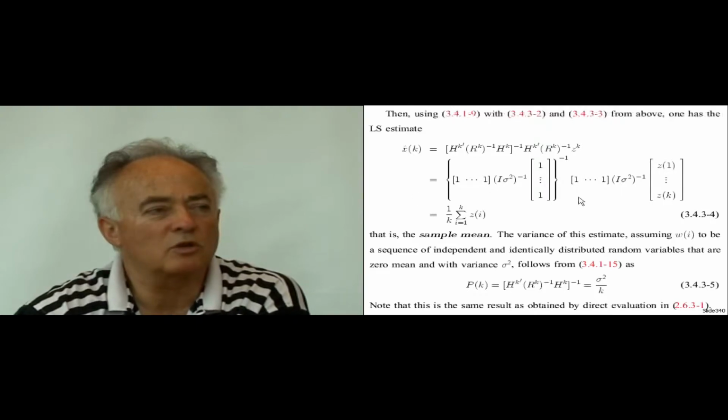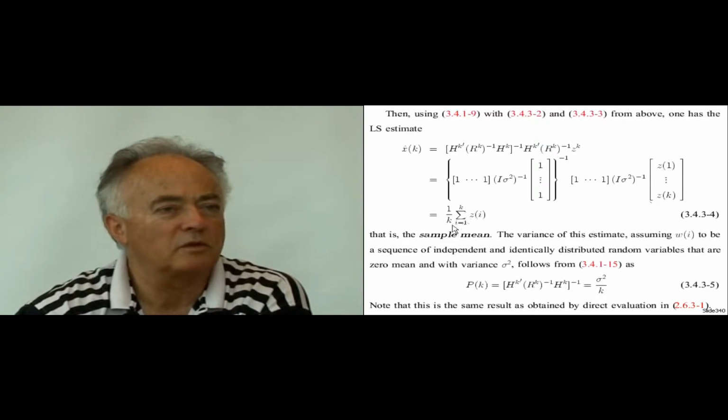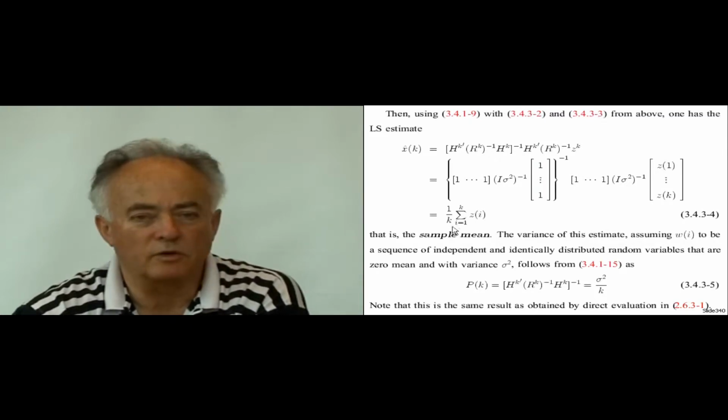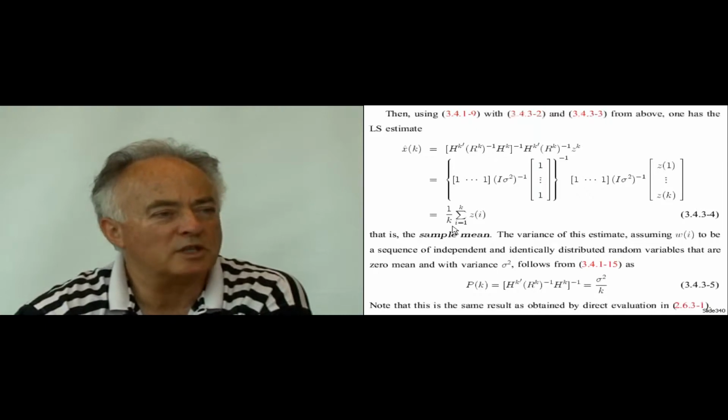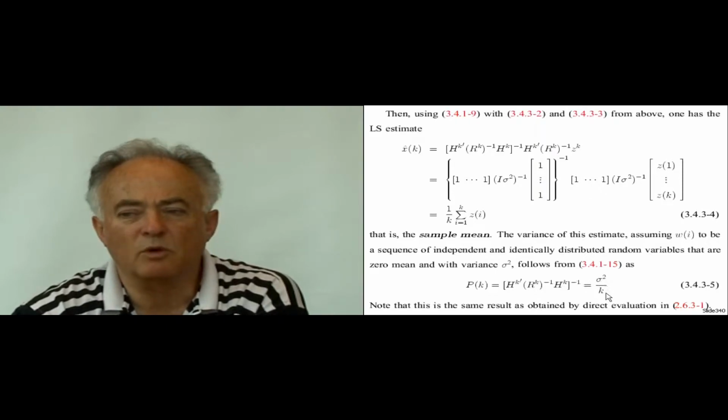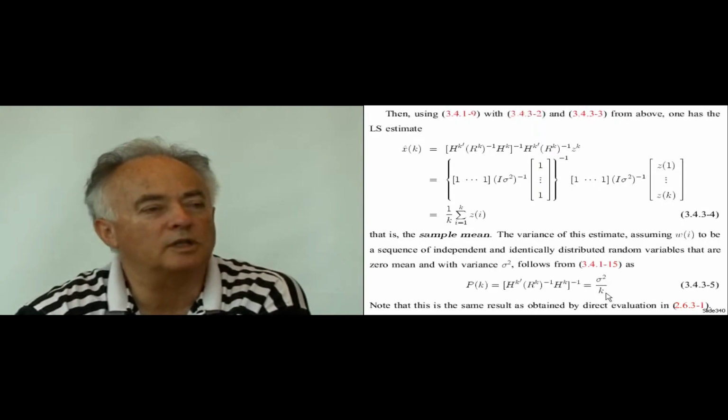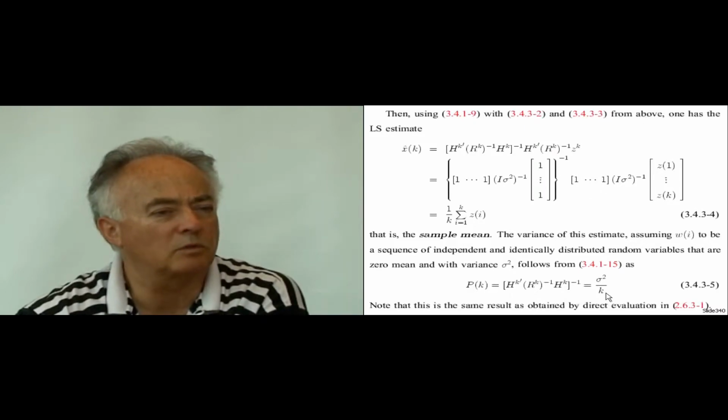Carrying out these multiplications, we retrieve nothing but the old sample mean. So it's obvious that for this problem the least squares does give what we already know, the same result. The variance of this estimate, assuming the w i to be IID as indicated before, zero mean with variance sigma square, if we evaluate H k prime R k inverse H k, the whole thing inverted, is sigma square over k. And this is what we obtained earlier. So up to now we are just verifying what we obtained before.